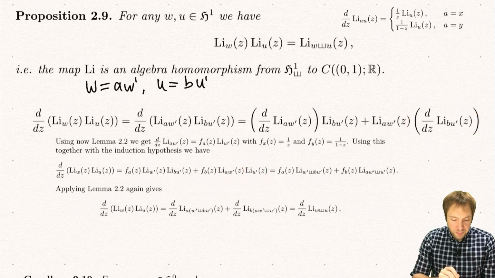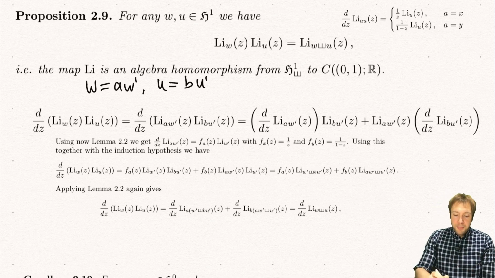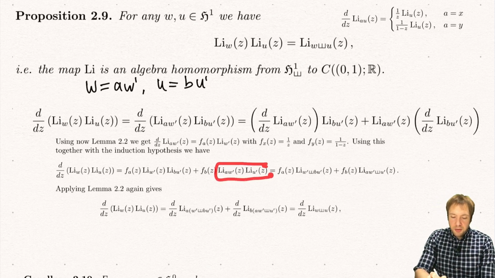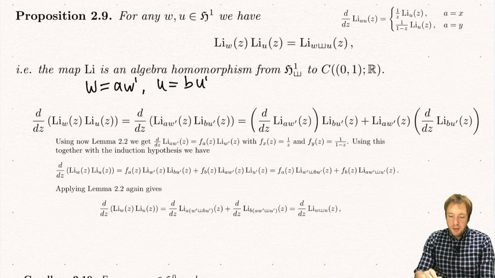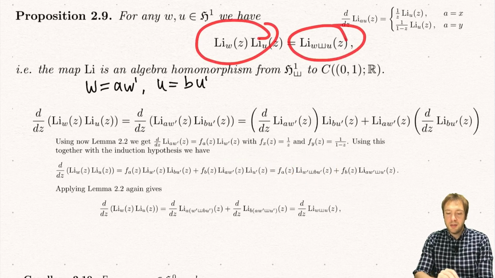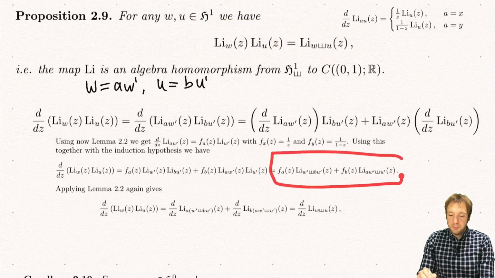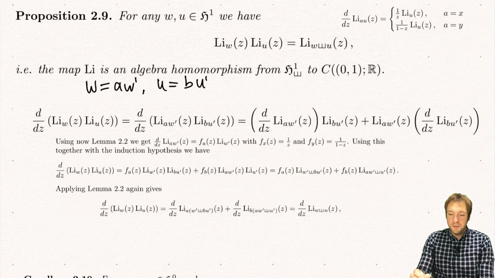Then we prove this by induction on the lengths of words. Here we have the product of two Li's where the sum of the lengths of these two words is smaller than the original one. So we can use that this is already true, so this product can be written as a Li of the shuffle. Then we use the lemma again: if I have some polylogarithm times 1 over z or 1 over 1 minus z, we can append a letter here.